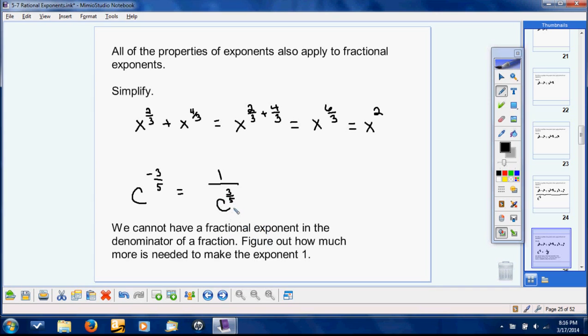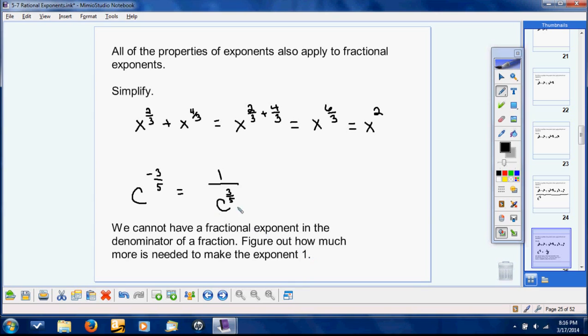You cannot have a root in the denominator. This is really a 5th root. So we need to figure out how much more is needed so that instead of having an exponent of 3/5 here, we will have an exponent of 1.